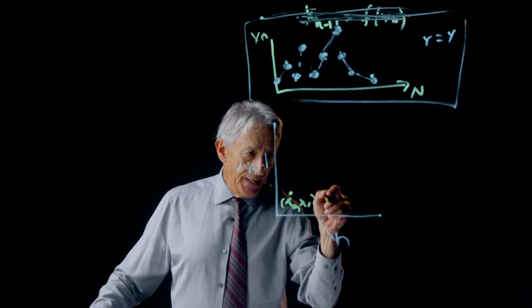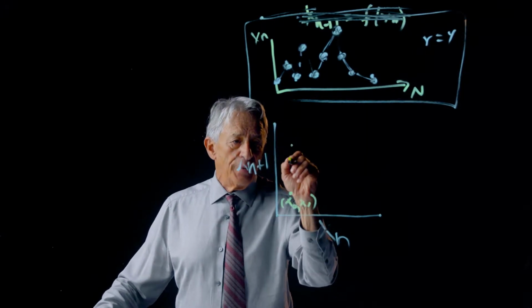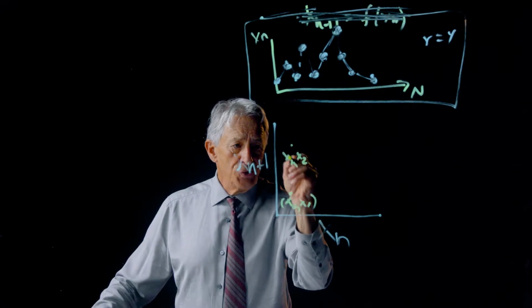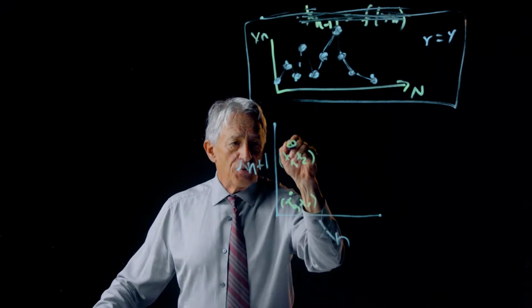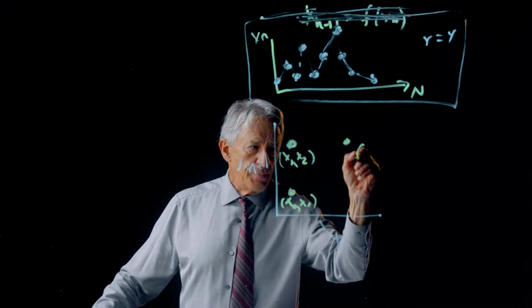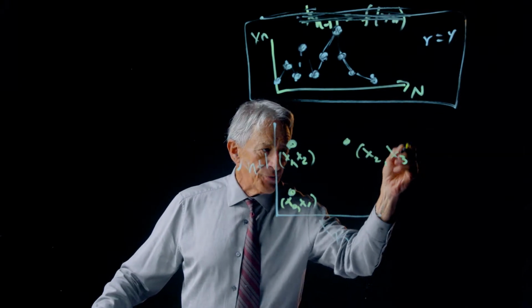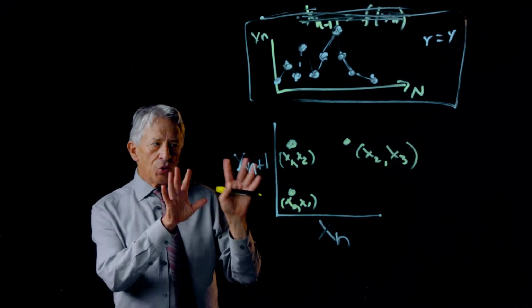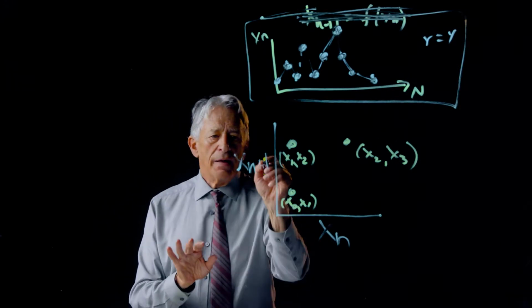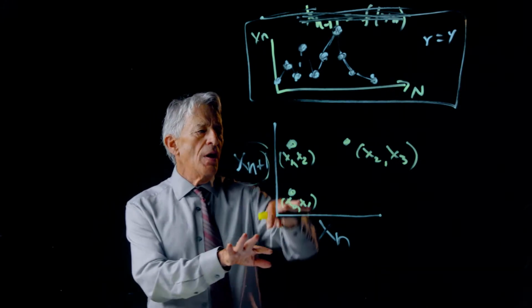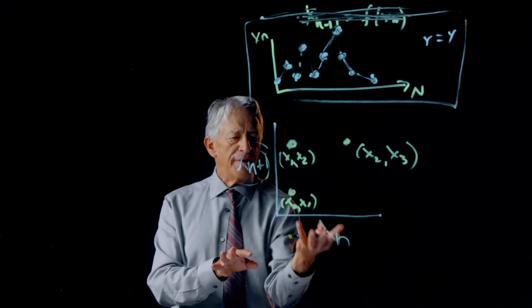Your next data point is going to be x1, x2. Your third data point is going to be x2, x3. You're plotting xn plus 1 as a function of xn.